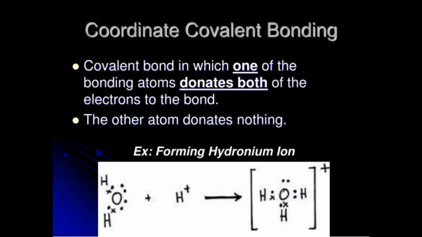It is these 2 lone pairs that will be combining with the hydrogen ion that is coming. So you can see here that it is this electron pair that will be used to combine with H to form H3O plus. This is a type of coordinate covalent bond. Only one is donating electrons for sharing.